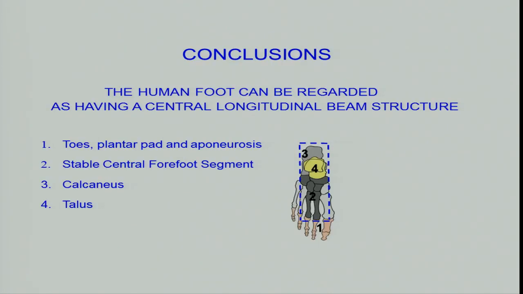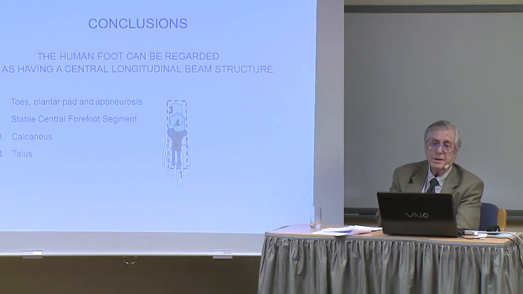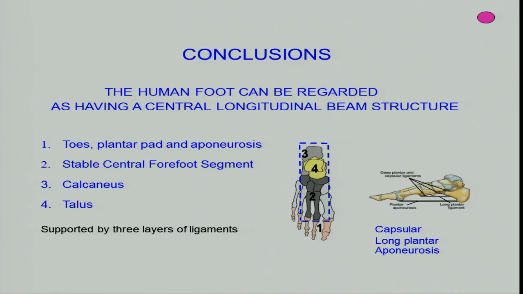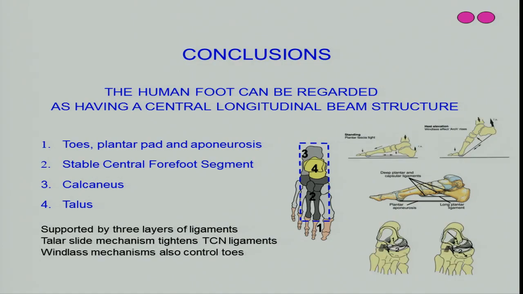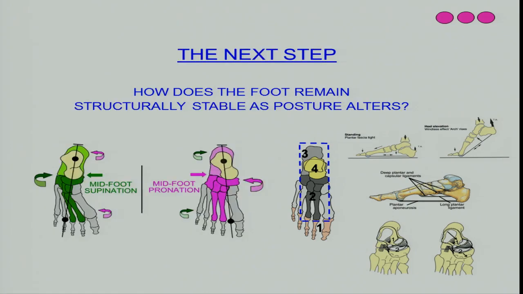So we still think that we can regard the foot as having a central longitudinal beam structure, calcaneus, talus, and the forefoot segment, supported by 3 layers of ligaments, and that with the talus slide mechanism, the ligaments around the 3 major joints can be kept taut and tight throughout the range of movement of the weight-bearing foot as its midfoot supinates and pronates.